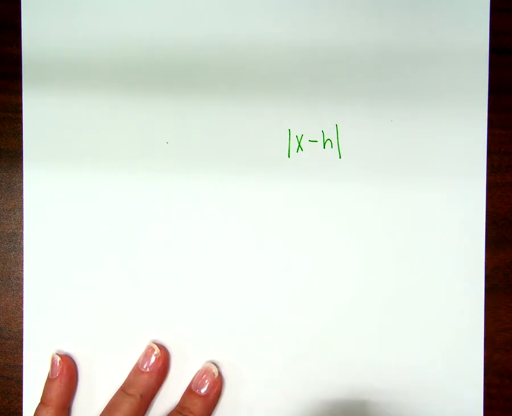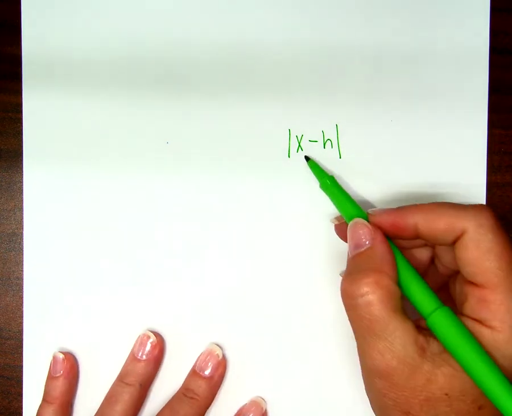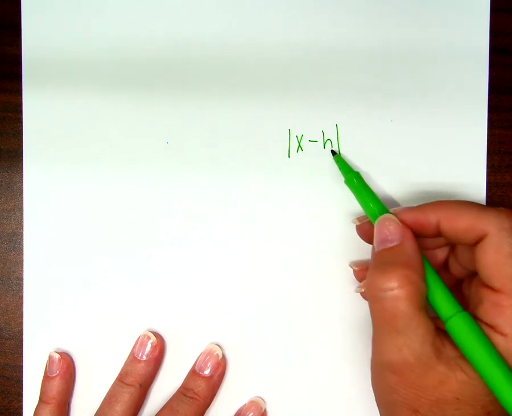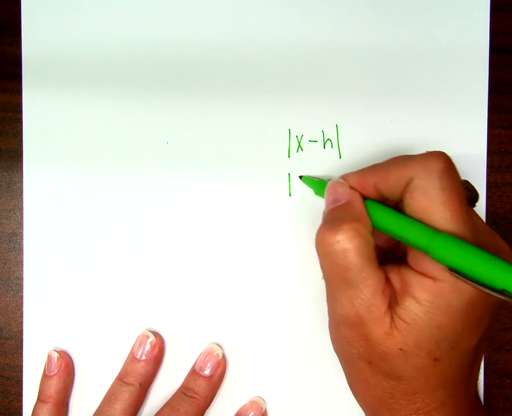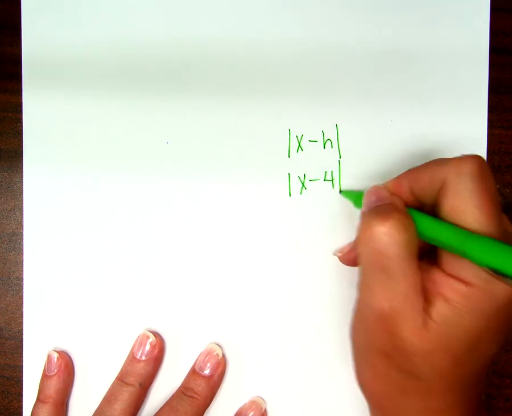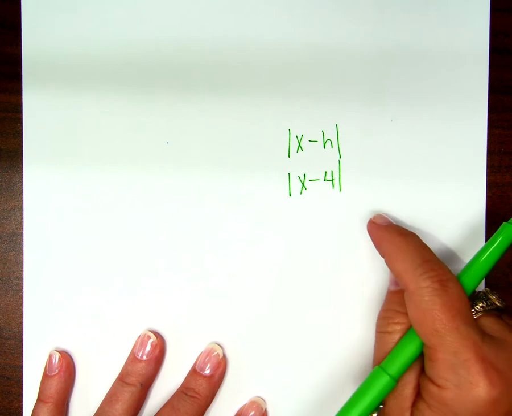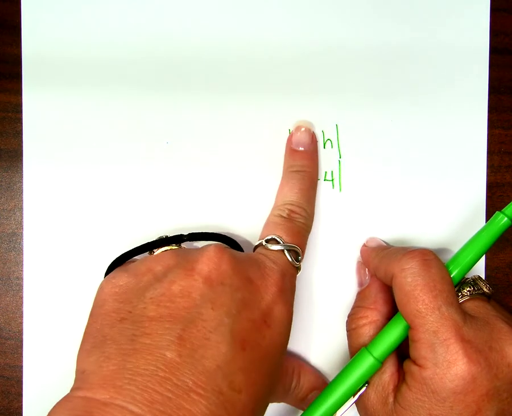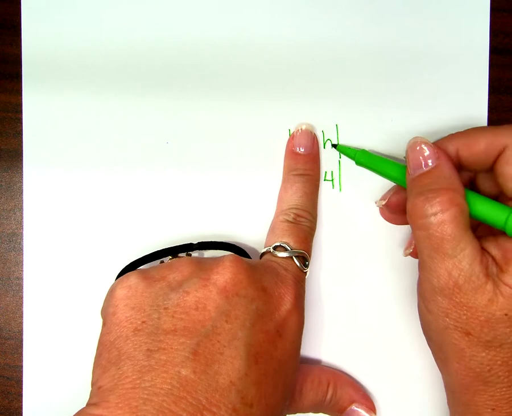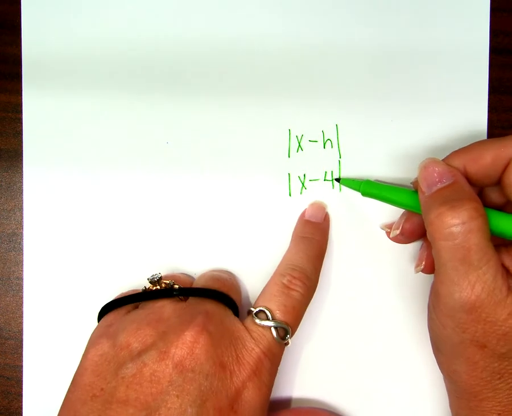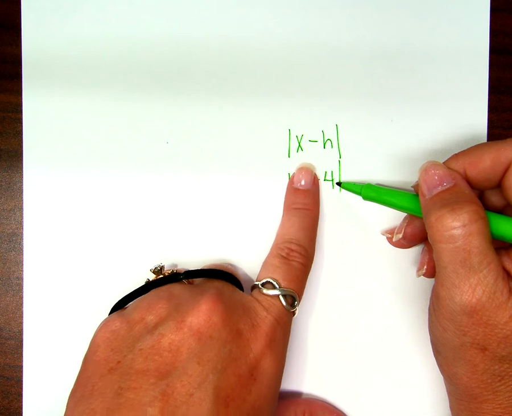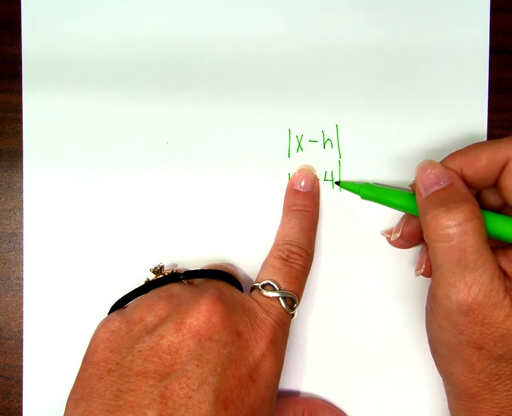When you're writing the general form of absolute value, the horizontal change looks like this: x minus h. So if I say x minus 4, what's the actual value of h? X is part of the formula, minus is part of the formula. The actual value of h is 4, so this is going to be a horizontal shift to the right 4, because the value of h is 4.